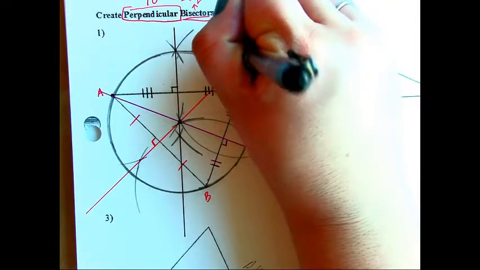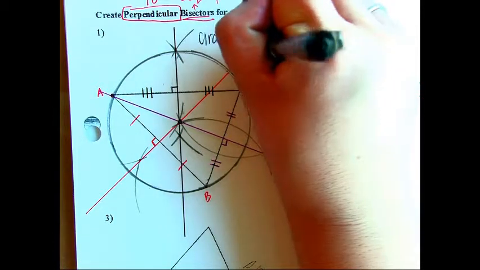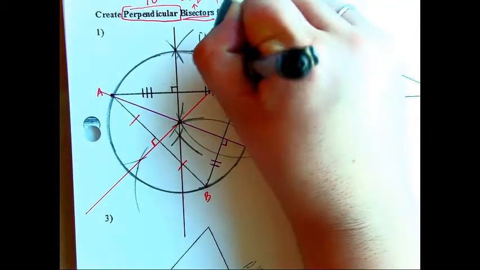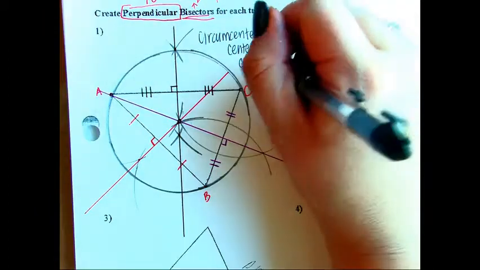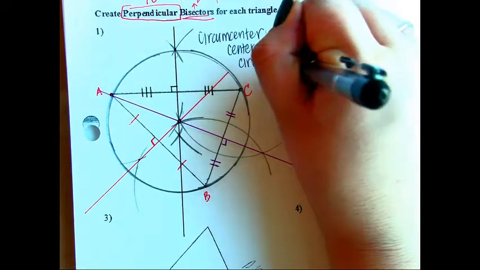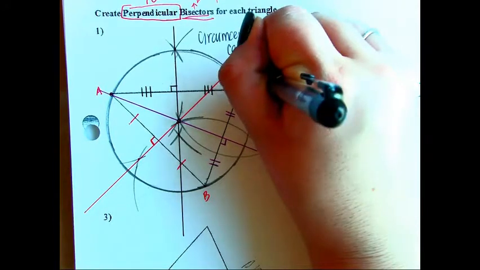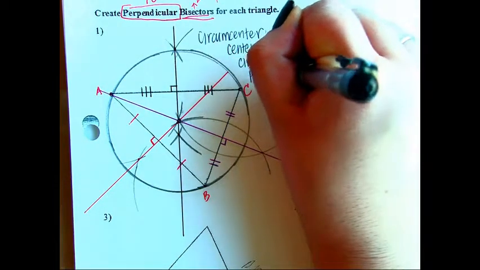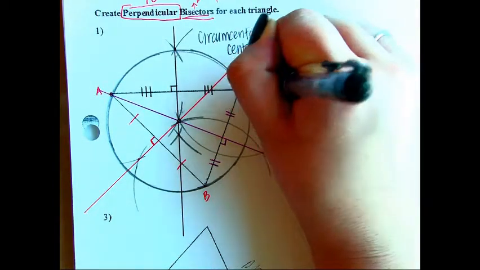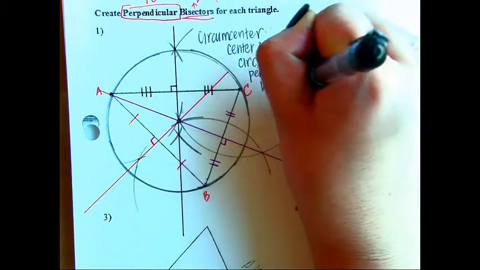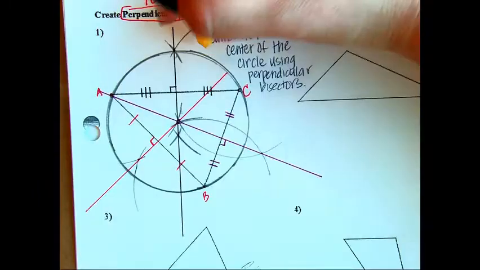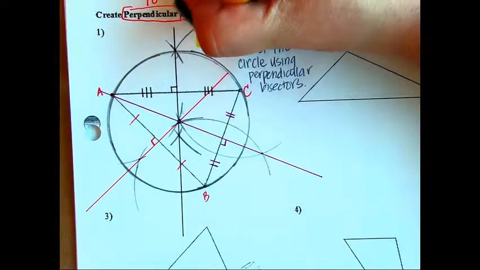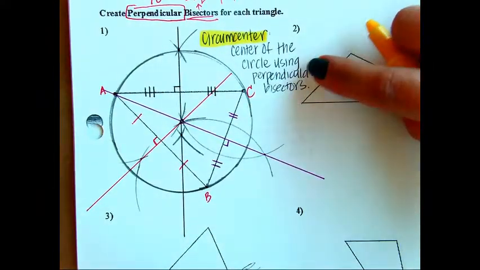It's the center of the circle using perpendicular bisectors. Okay, so the circumcenter is found by using perpendicular bisectors to find the point.